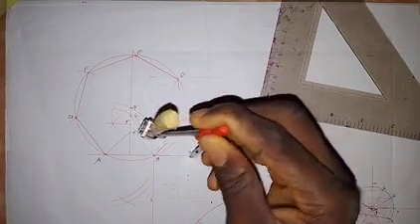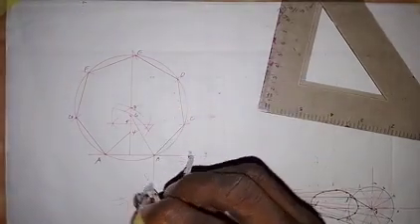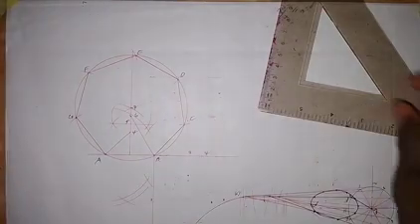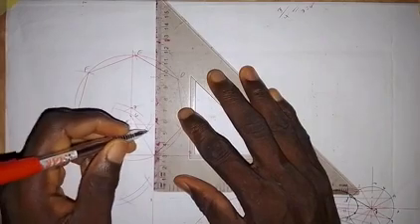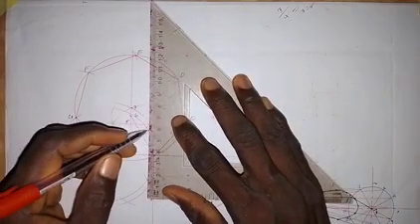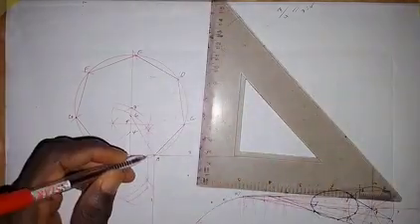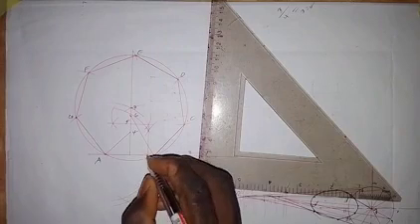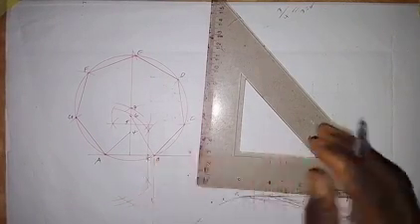Putting it at 3 here, I will draw an arc here, then an arc here, just to locate the midpoint of A3. Because we want to construct a semicircle, we need that midpoint. So here I will draw a line like this. This point, let me call it point X. It's the midpoint of A3.